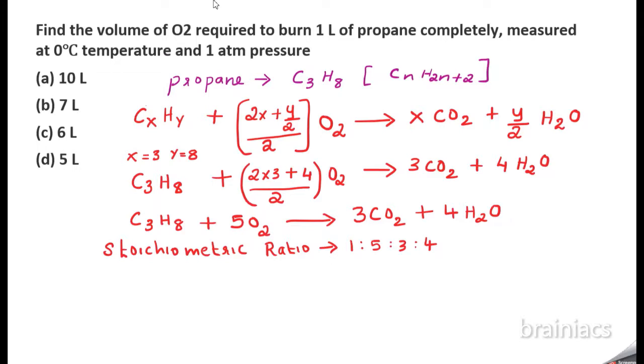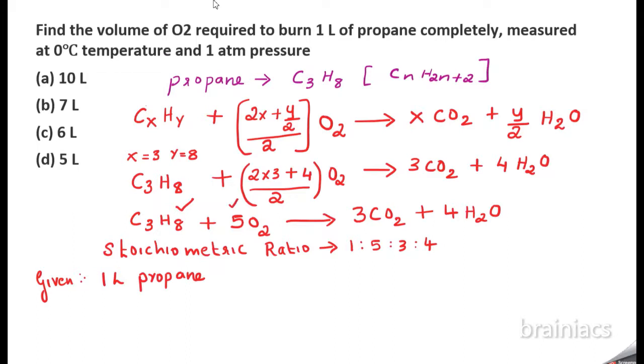Now think about which terms need to be related. The given quantity is 1 liter propane. Now they want to link between propane and oxygen. So these two are the things you need to link.